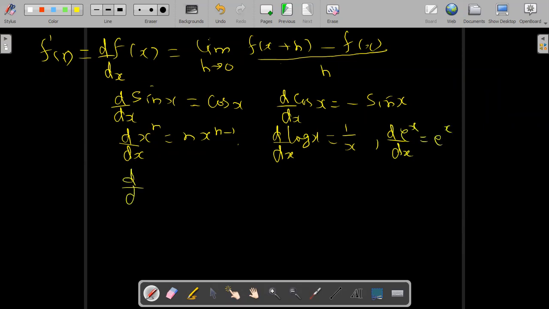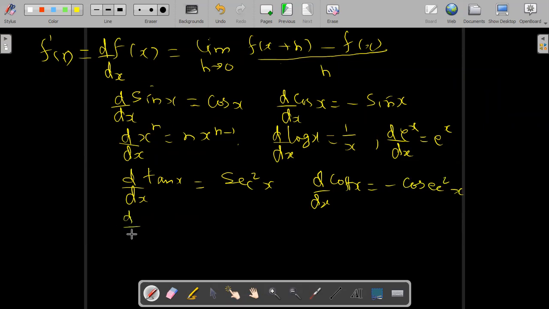There is a list you can see. d by dx of tan x is equal to sec square x, okay, you can remember. So then what will be the differential of cot x? Cot x will be minus cosec square x.